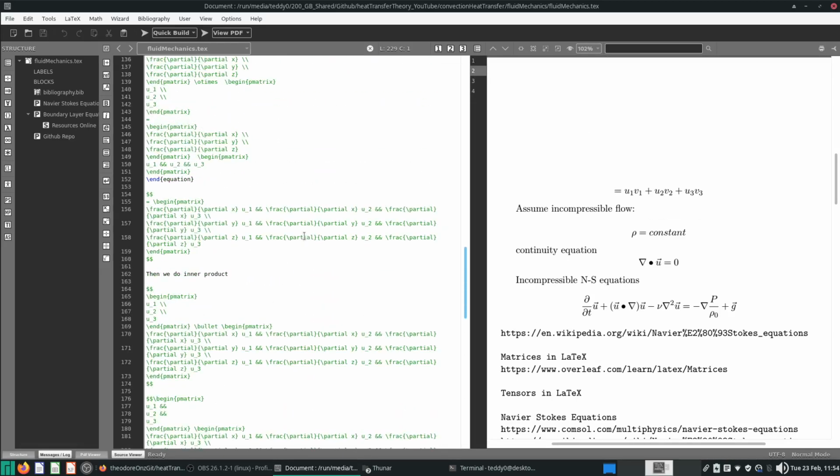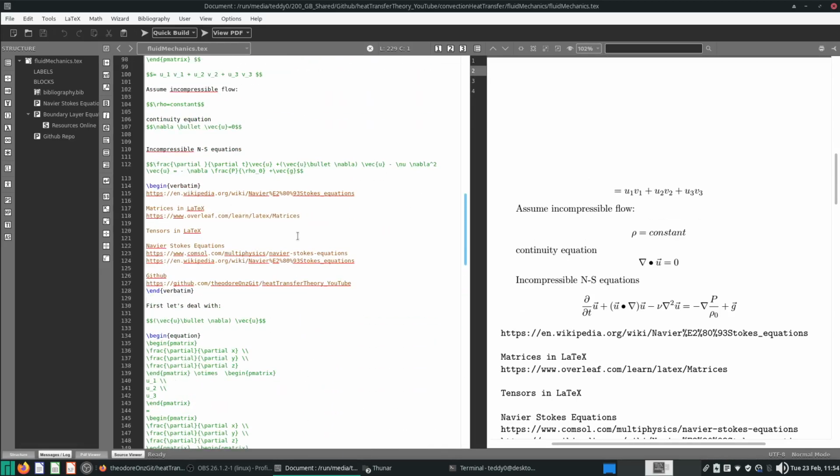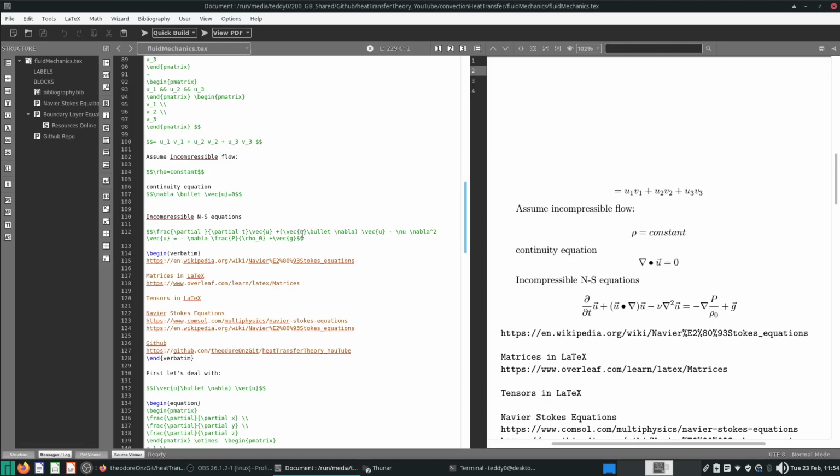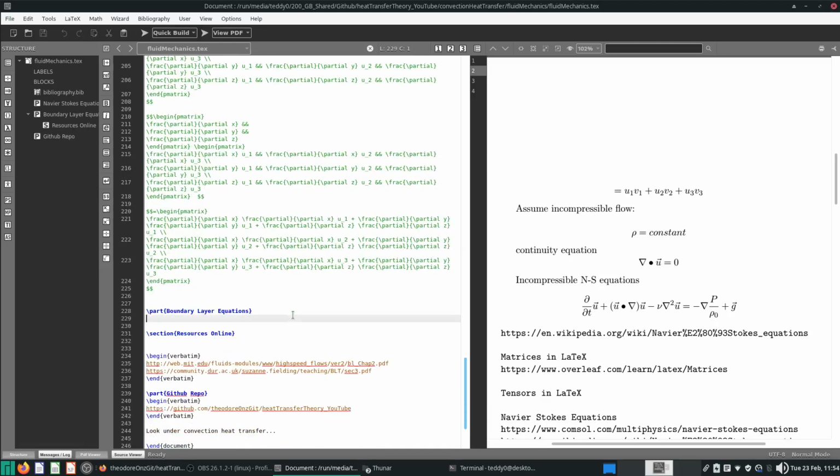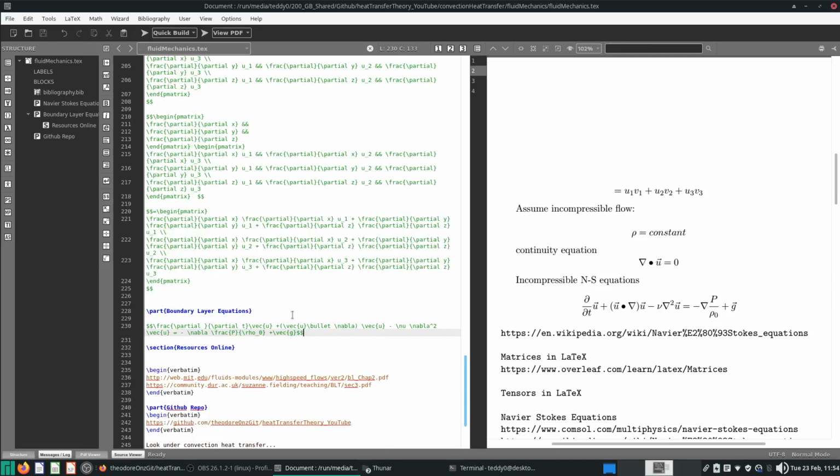In our boundary layer equations, we try to simplify the incompressible Navier-Stokes into 2D. Okay, so let's just write this down. I'm going to put it explicitly in x, y, and z velocity.